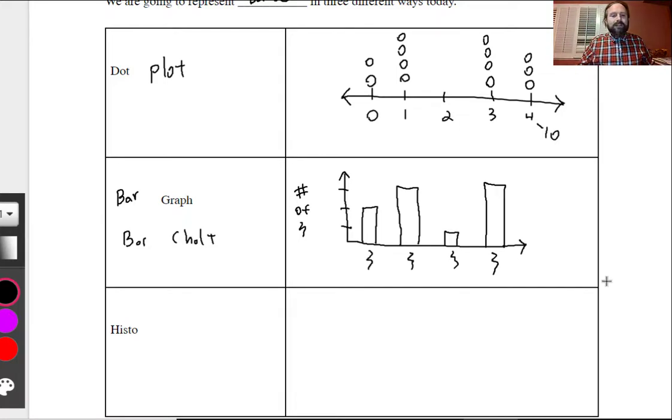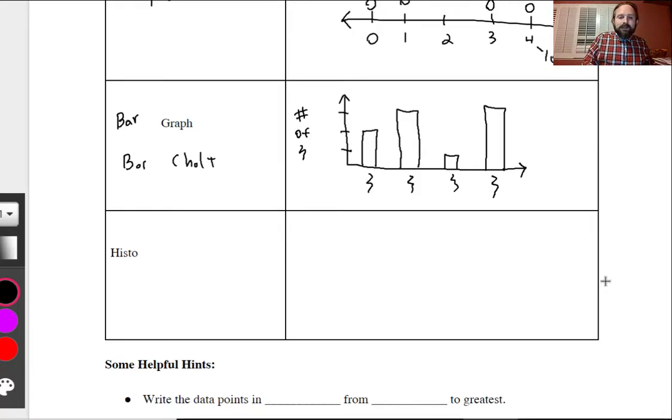Let's go on and show the histogram. So the histogram is slightly different. Once again, it's still going to have both the x and the y axis right here. And we're still going to have a description, like number of something.